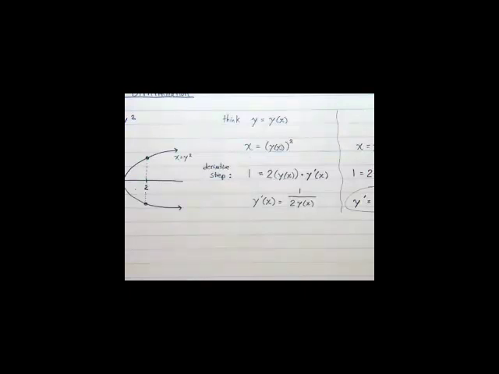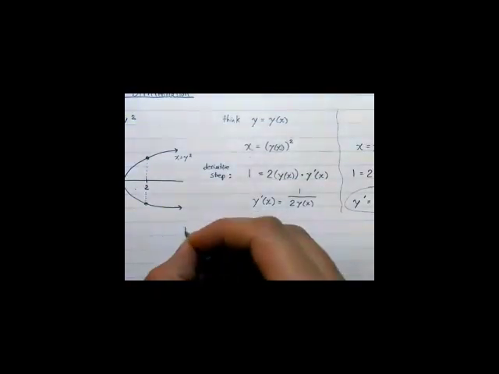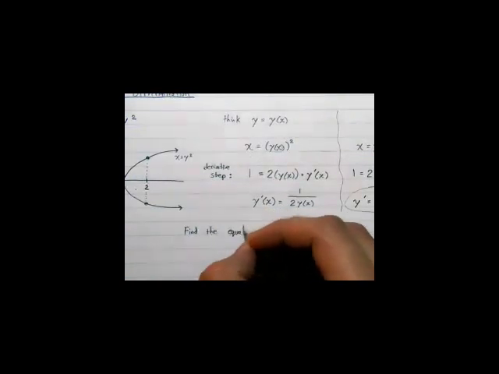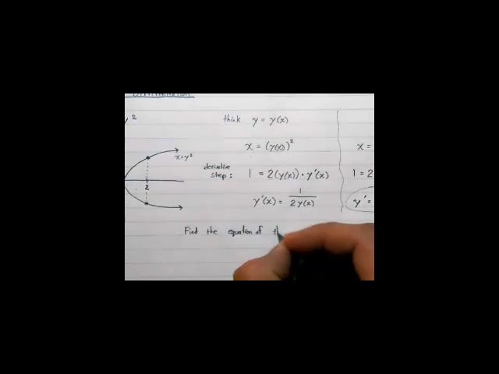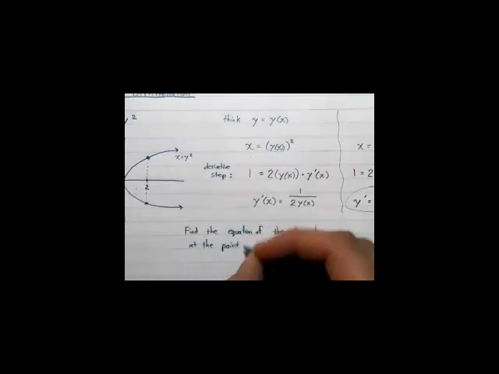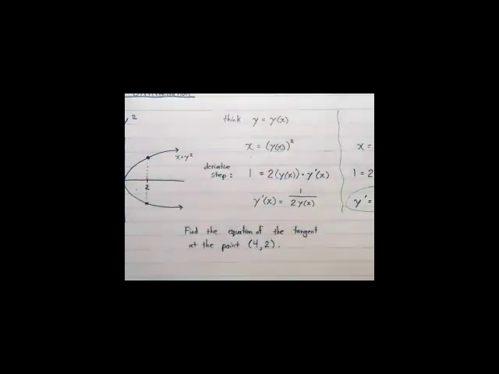So with implicit differentiation, oftentimes you're not just given when x equals, you're given an entire xy coordinate pair to plug in. Or in this case, all I would need is a y, and it would work. So like for this one, let's say find the equation of the tangent, and let's do at the point 4, 2.